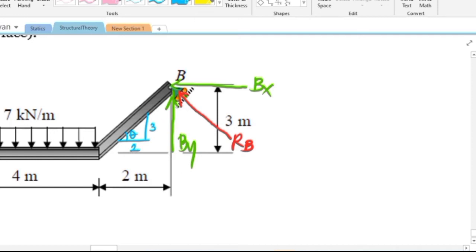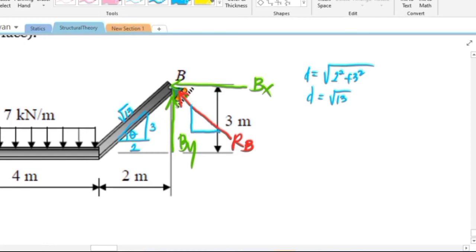So, computing for the diagonal, yung diagonal natin is equal to the square root of 2 squared plus 3 squared, using the Pythagorean theorem. And we have the diagonal of square root of 13.